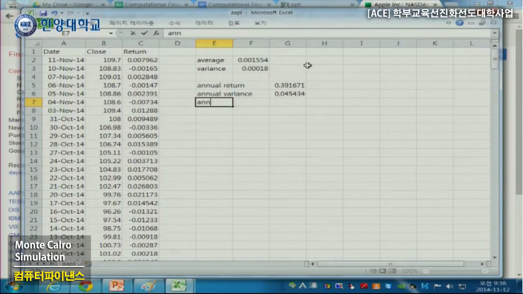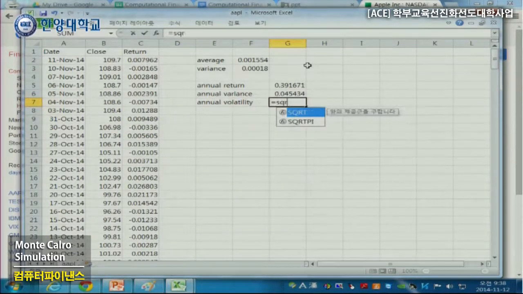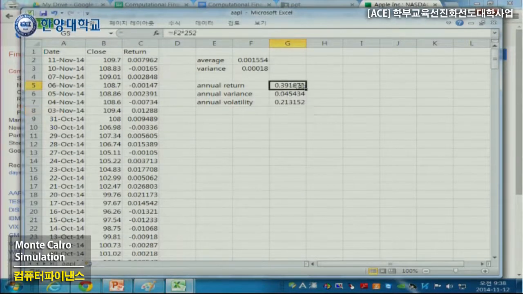So annual volatility is the root of this one, yes, it is small. Only 20%. Anyway, Apple is spectacular. It is Apple, so it's a really spectacular performance. 40% per year with only 20% volatility.